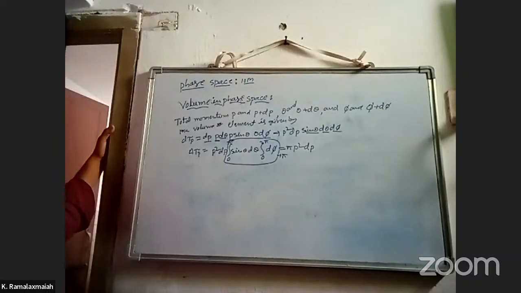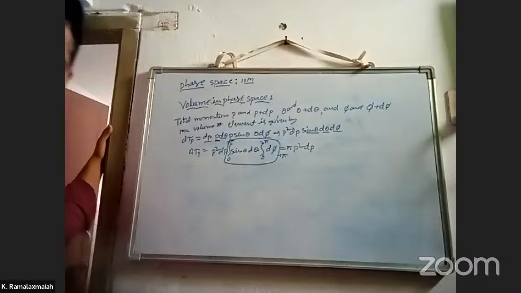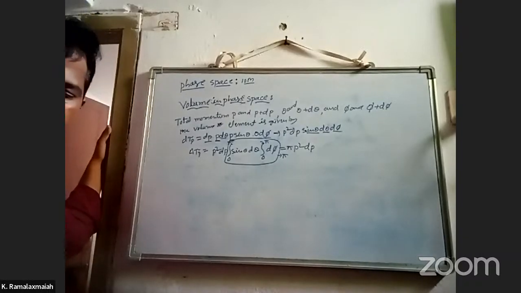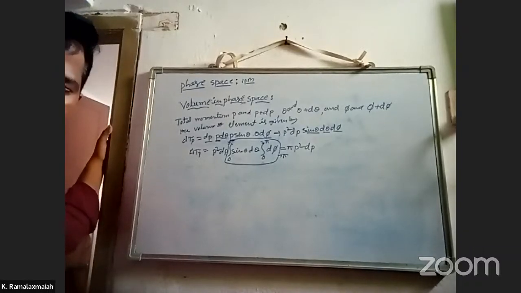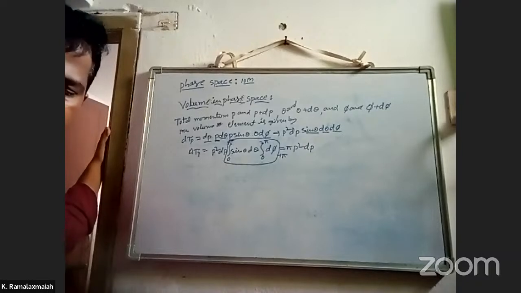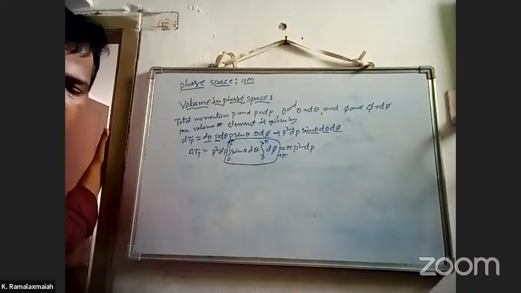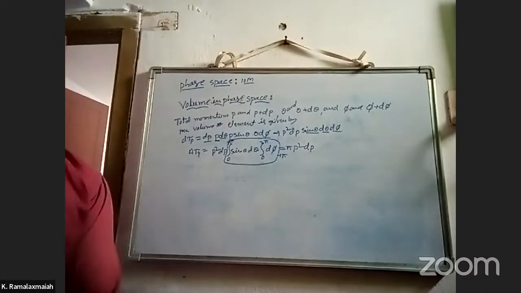Let us express the volume of phase space delta tau in terms of the momentum space volume delta tau p and the volume V of ordinary space.